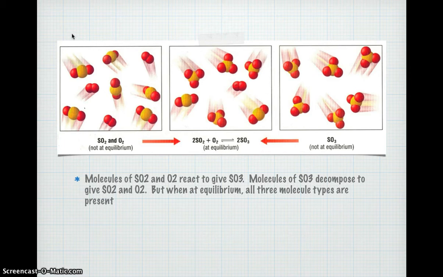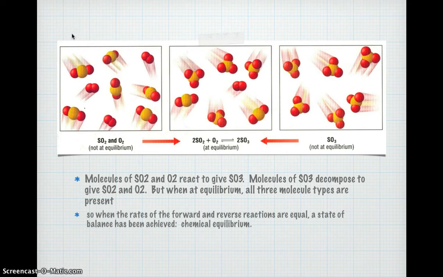We've got molecules of SO2, we have molecules of SO3, and we have O2. All right? I forgot to go through and subscript the 2 and the 2 and the 3. So just understand that's SO2 and O2 and SO3.